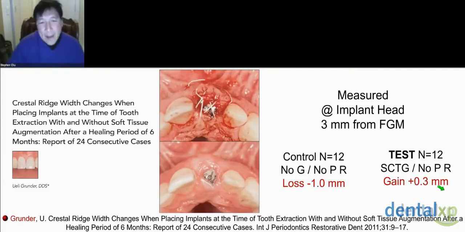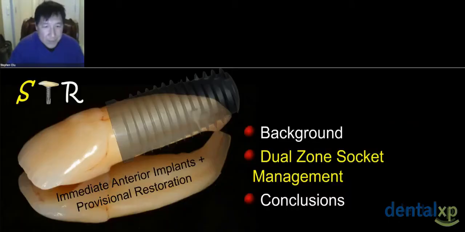So again, doing something in this situation, putting a connective tissue graft, could actually eliminate the amount of buccolingual collapse or contour change. Again, no histology, just measurements of casts. So these are two of the approaches associated with preventing buccolingual contour change: Hürzeler with the socket shield technique and Grunder with the connective tissue graft.